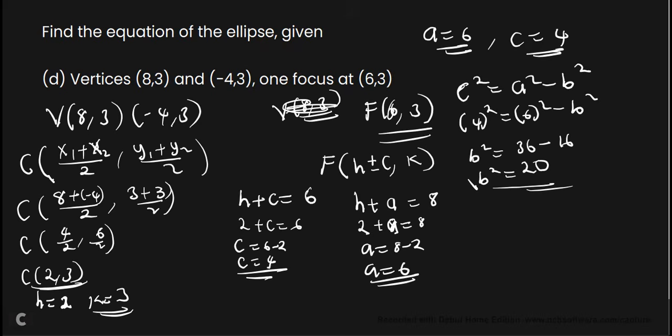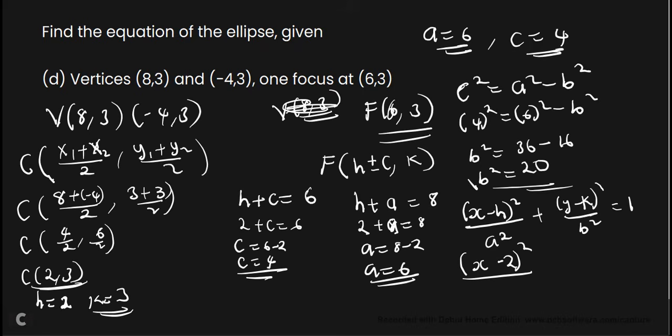So that's your B squared. So the standard equation, it was changing in the x-axis, right? So meaning that your A is in the x-axis. So it would be x minus h squared over a squared, plus y minus k squared over b squared, equal to 1. So the question is, what is your h? Your h in this situation is 2. What is your a?